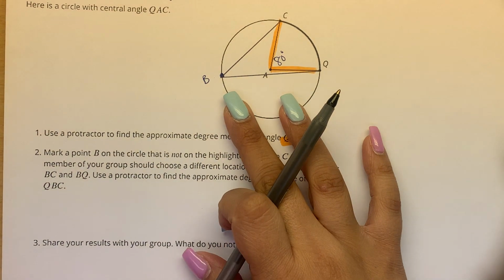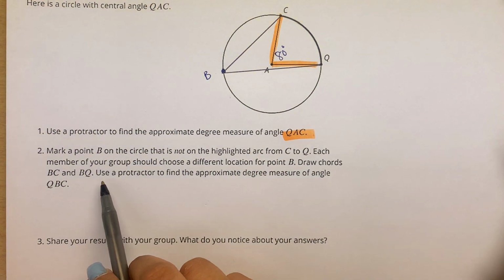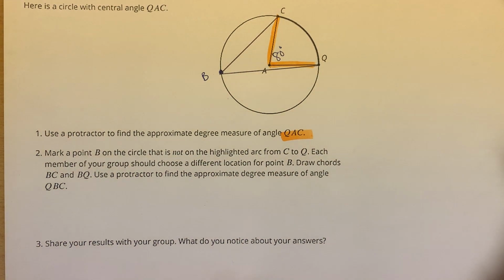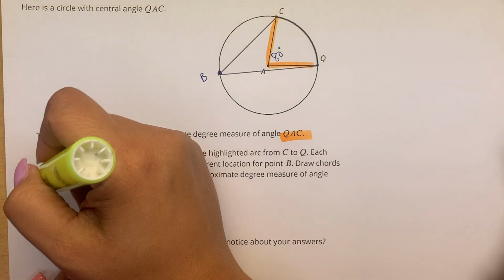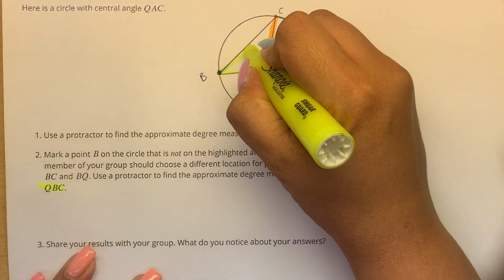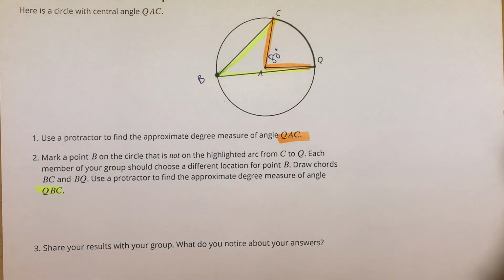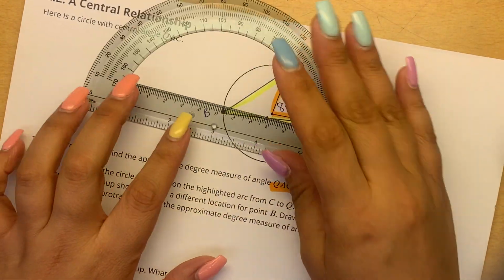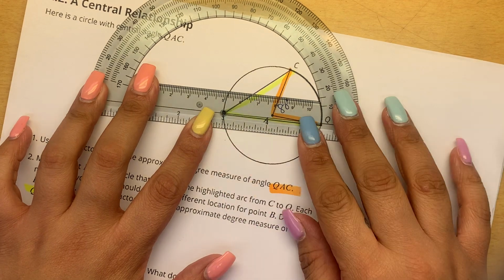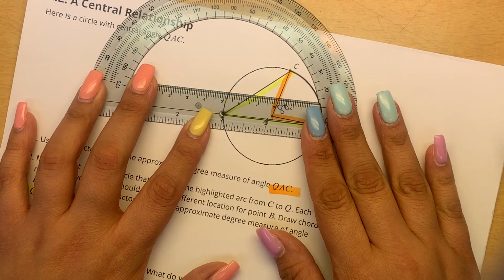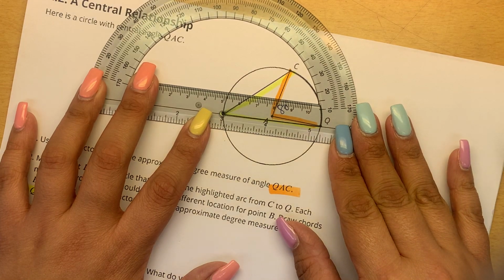Use a protractor to find the approximate angle measure of this angle. I'm going to highlight angle QBC. QBC starts at Q, goes through B, ends up at C. So that one's going to be highlighted yellow. Let's find the measure of this angle. Again, B goes in the hole, and then you want to line up this line with the bottom side of that angle as best as you can.